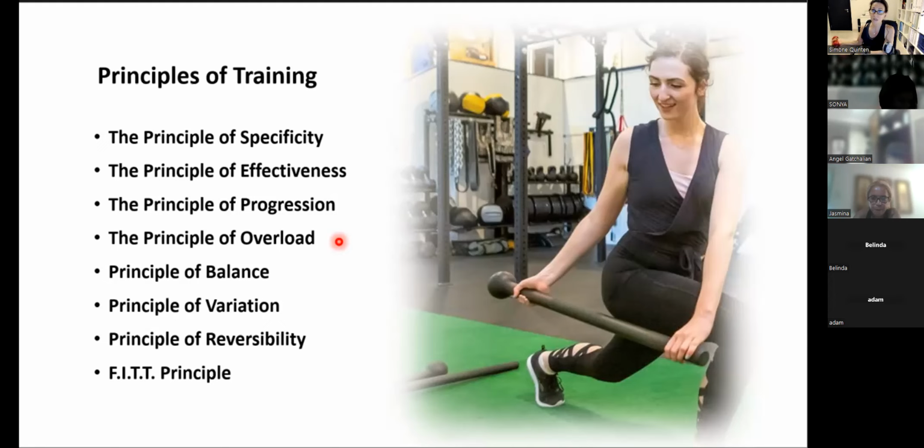You can overload it with the same weight by just changing the tempo. Let's say you're going super, super slow. So you can overcome a strength plateau when you're stuck just by changing the tempo.